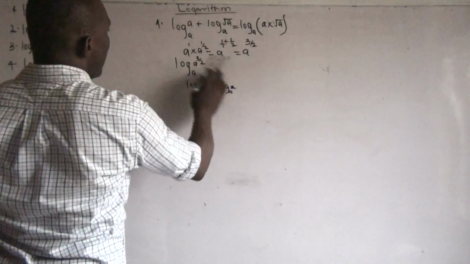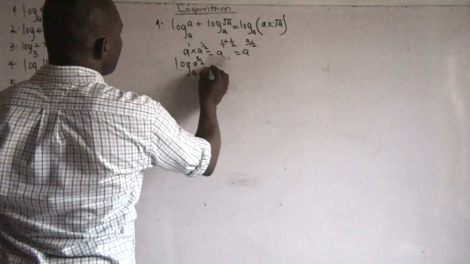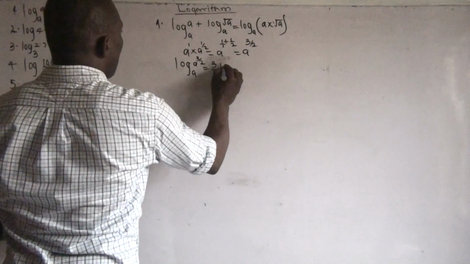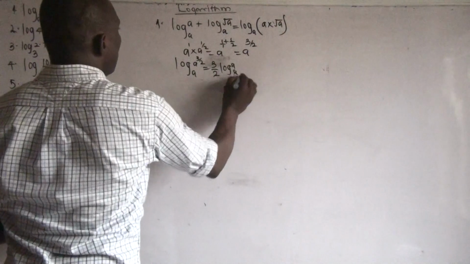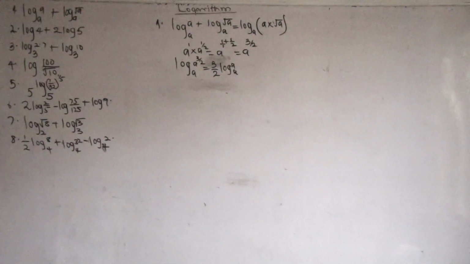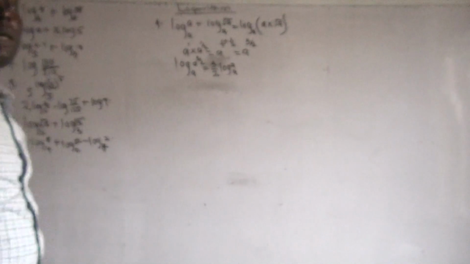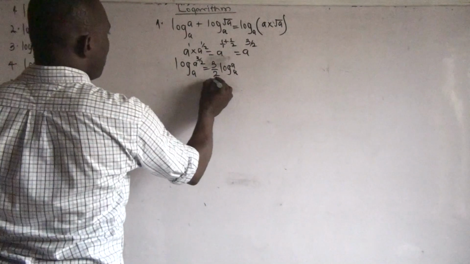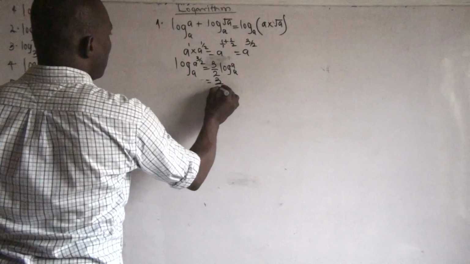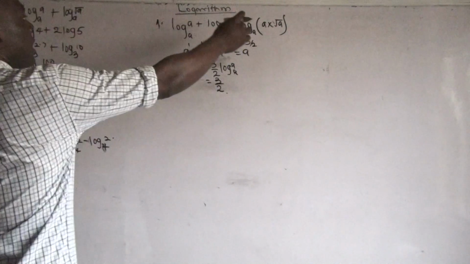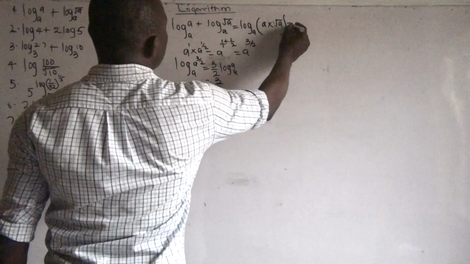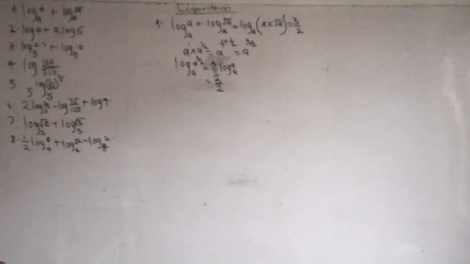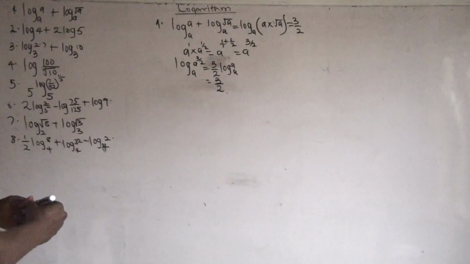So this will be applied here, and this becomes 3 over 2 log a to base a, and we know that this is equivalent to 1. Log a to base a is 1, so our answer becomes 3 over 2. So we can see that this result here is simply 3 over 2.